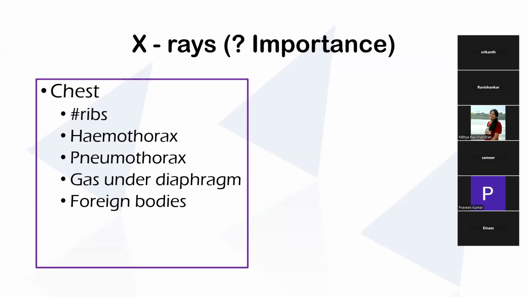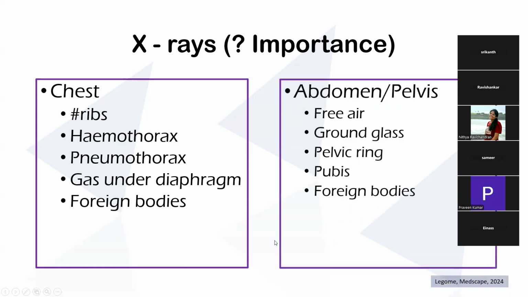So you get a chest X-ray and you look for possible fractured ribs, hemothorax, pneumothorax. That itself will tell you about gas under the diaphragm if there's a hollow viscus perforation, and foreign bodies if any. And a pelvic X-ray is very important. In abdomen and pelvis, if you have a lot of blood or a lot of bowel content, it will look like ground glass.